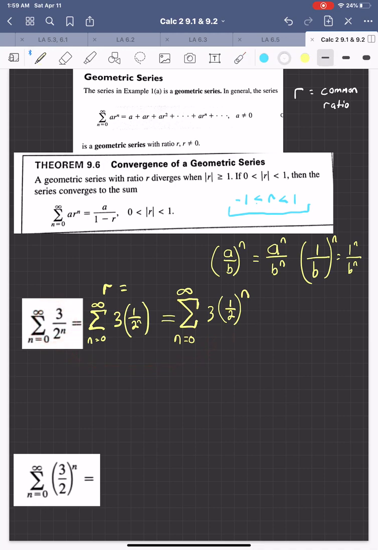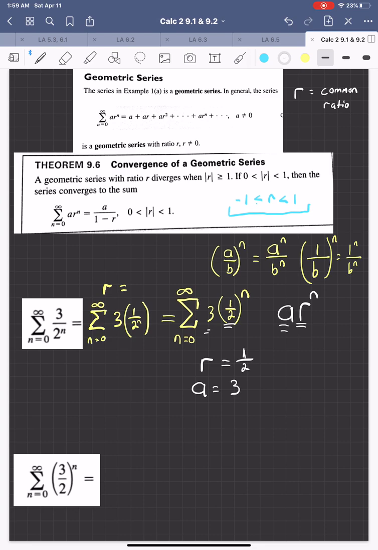So just let me go ahead and write, if you have a r to the power of n, in this case, we have found out that r is equal to 1/2, and a is equal to 3.